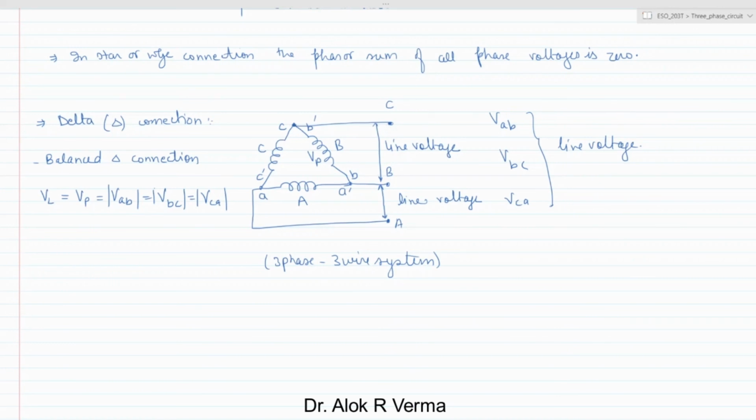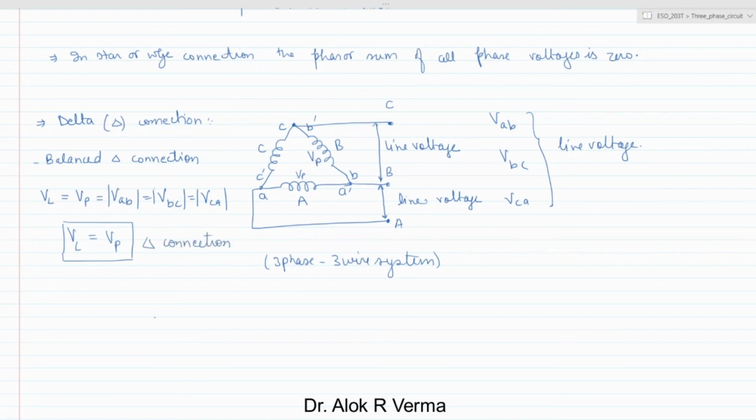The same terminal voltage across these terminals A prime is basically the phase voltage. The magnitude of the phase voltage is equal to VAB. So VAB is equal to V phase. So line voltage is equal to the phase voltage. V line is equal to V phase in delta connection.